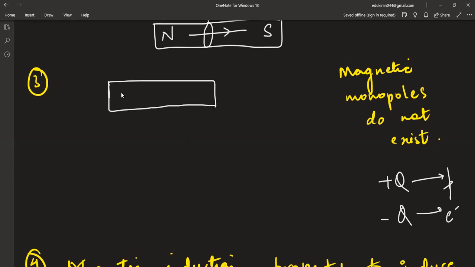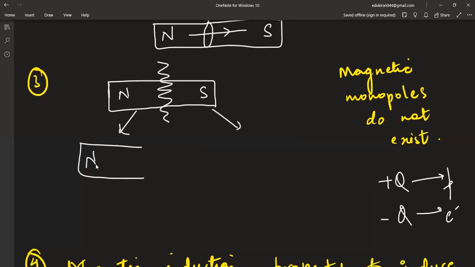bar magnet, north, south, you have cut it into two parts. This part is north and this part is south. This is not possible. What will ultimately happen?